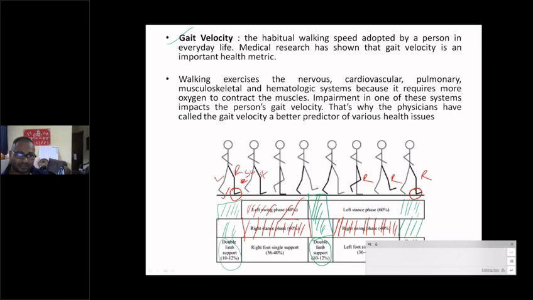Now coming to health monitoring. When you are performing a walking exercise, it involves your nervous system, that means the brain, cardiovascular, related to the heart, pulmonary, related to the lungs, musculoskeletal, where muscles and joints are involved, and hematology systems.